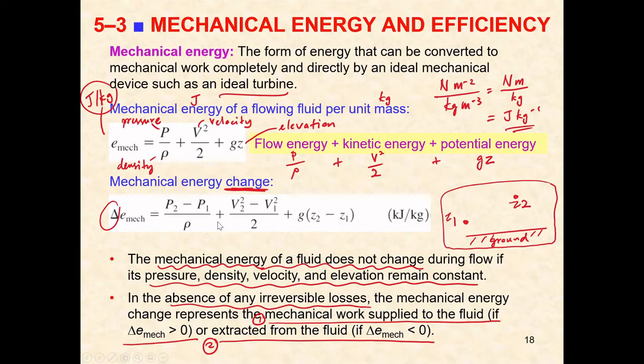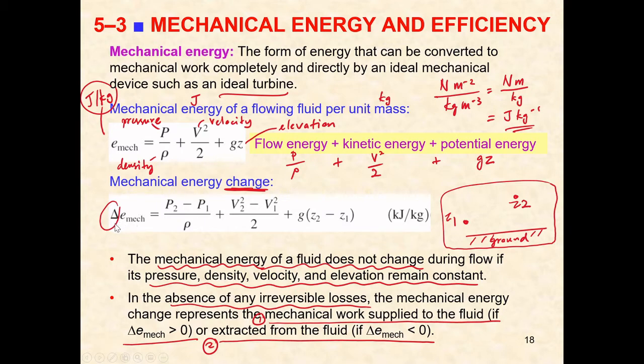So this is basically how you compare the energy. And in a normal condition, if you obtain the difference between these two energy levels and you found there is a positive difference, possibly there is an input, okay, and if you found there is a negative, possibly there is an output, out of it.